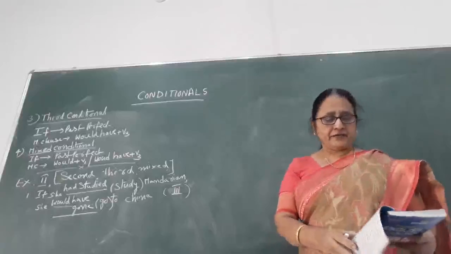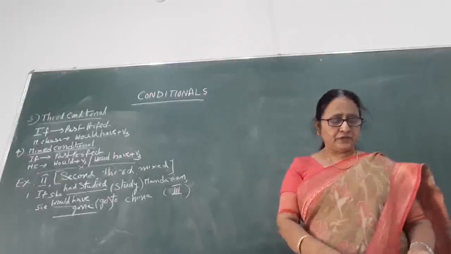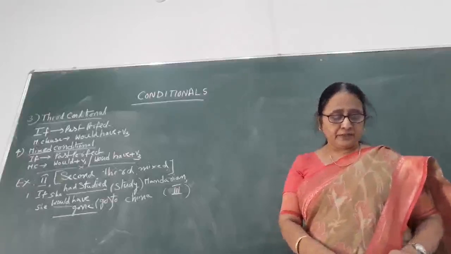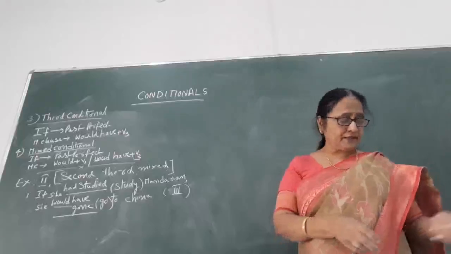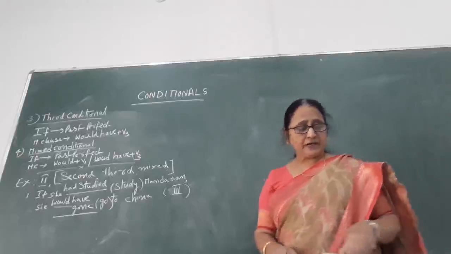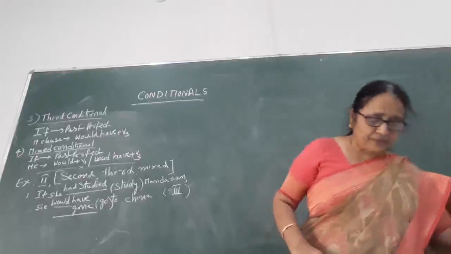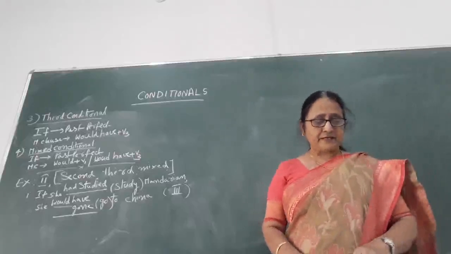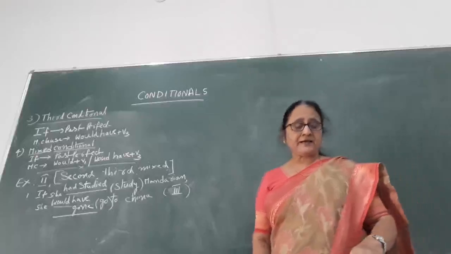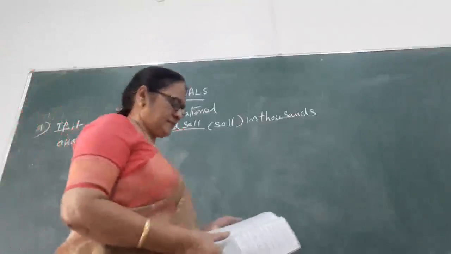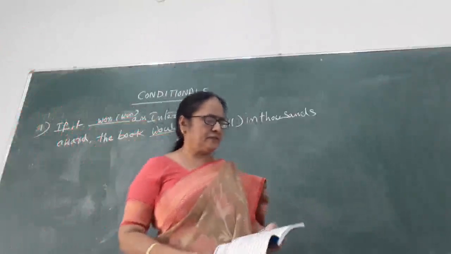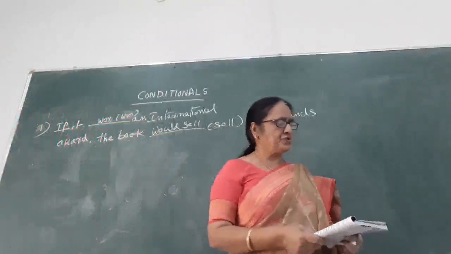Next, I am writing on the board the actual exercise number. It was given as the first one, where you have to write the second conditional. This second bit is from exercise 2.